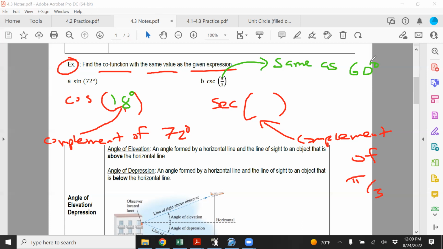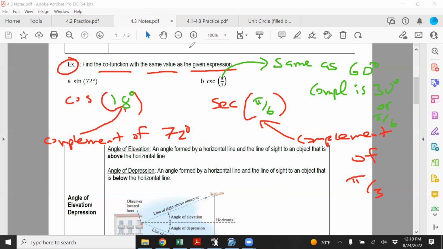And then what's 30 in radians? Good, thank you, 5 or 6, I think Eric. Yeah, same as 60. So the complement is pi over 6. So those are going to be equivalent.